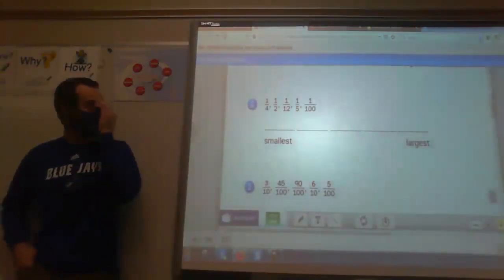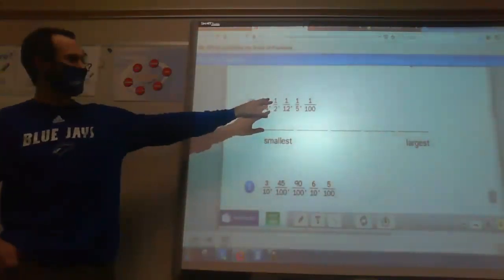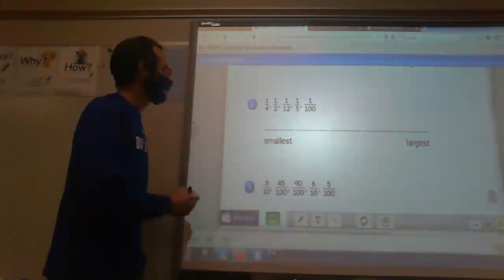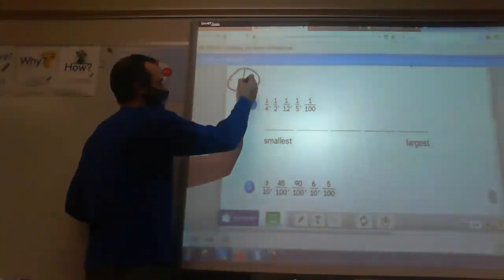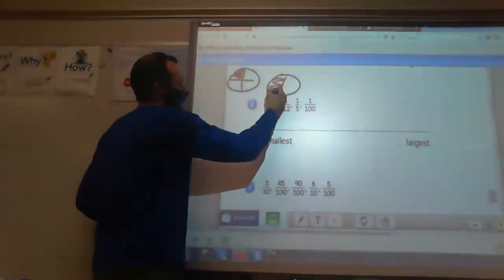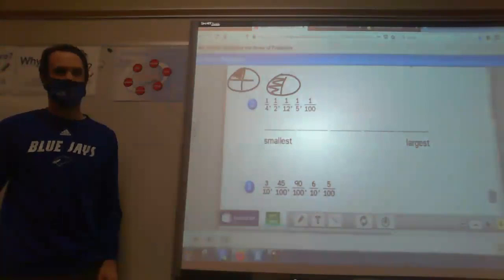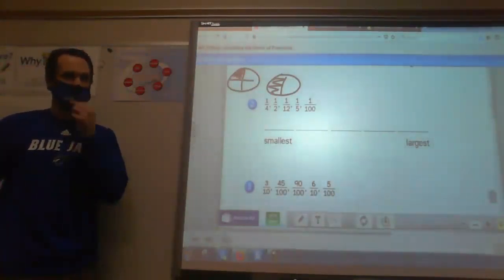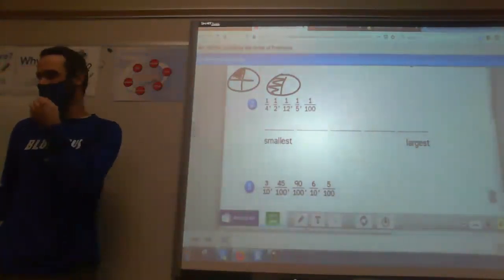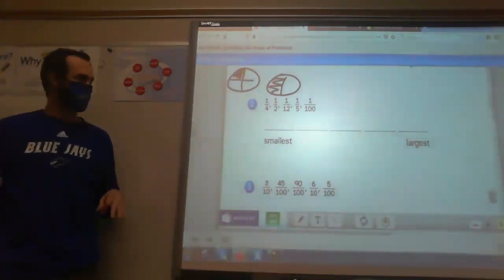So in this case, when you look at it, just envision this, because you guys have seen this. There's 1/4. There's 1/2. The bigger the denominator, the smaller your piece. So therefore, the fraction with the largest denominator will be the smallest.